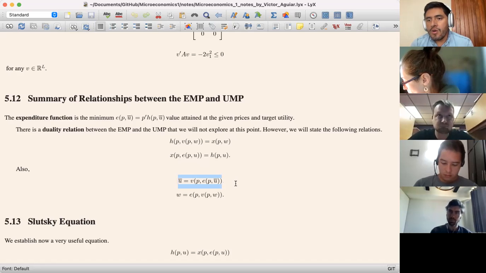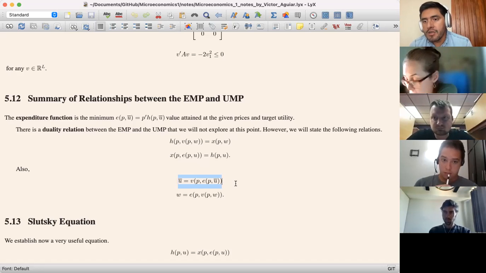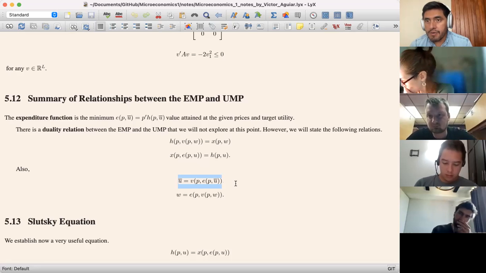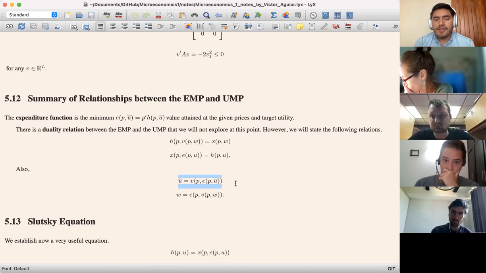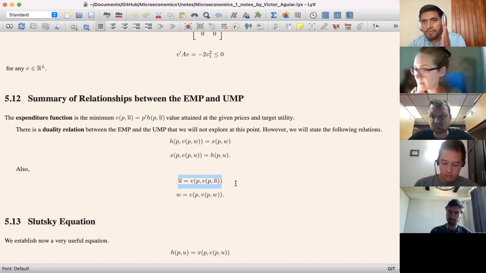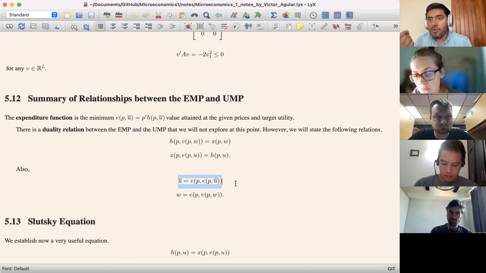So here we are going to fix prices, and we're only going to think about the inverse for a fixed price. Understood? Okay. So prices are fixed in this part. They don't move. So the inversion that we're talking about is in terms of the second argument, which is, in this case, income, right? So you take the expenditure, which for fixed price, for a given U, the argument is U, right?